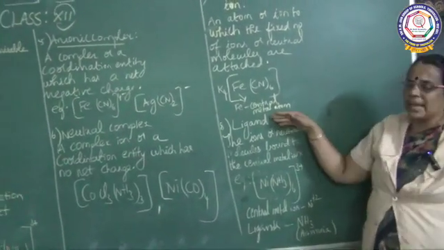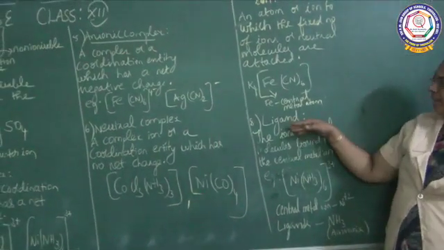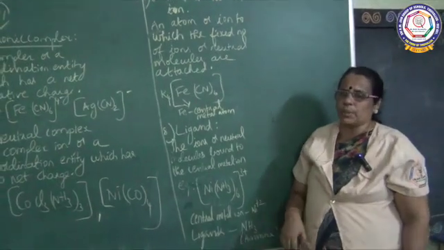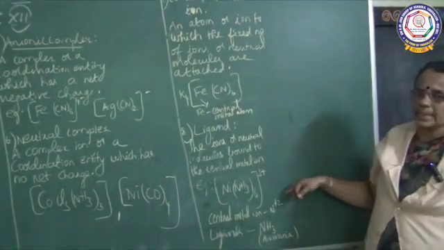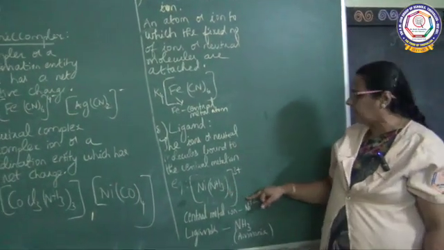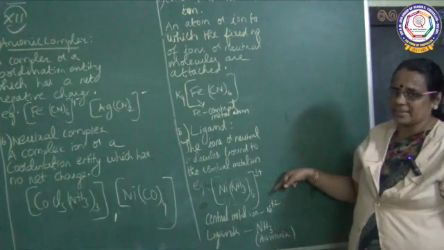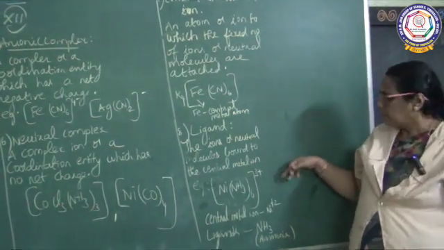The next one, ligand. The fixed number of ions or neutral molecules bonded to the central metal ion is known as ligand. For example, [Ni(NH3)6]2+. It is a cationic complex, where the coordination entity has a net positive charge.